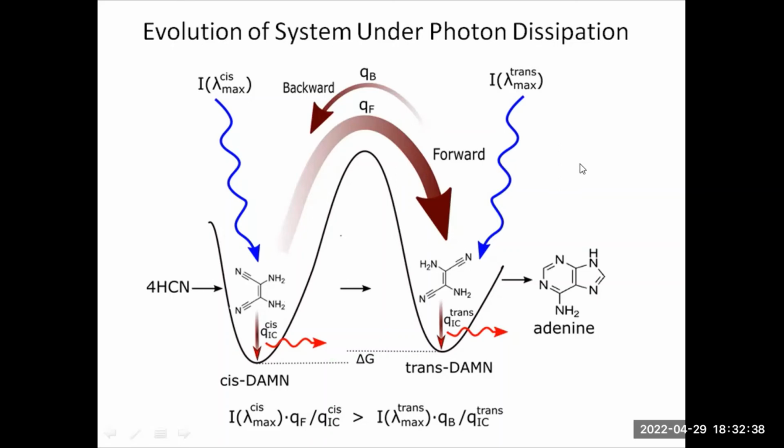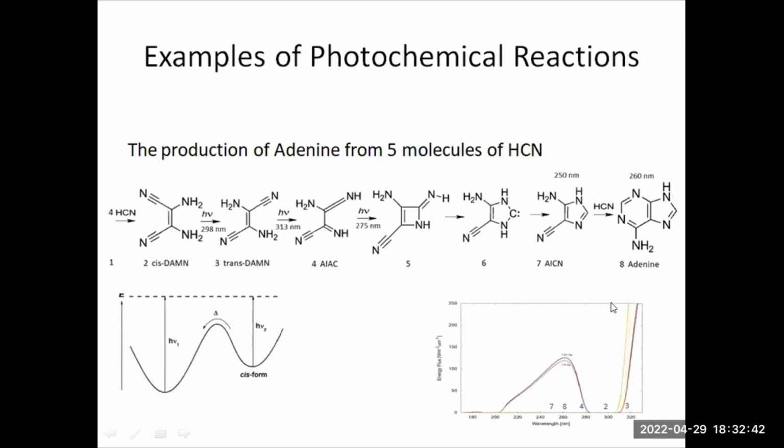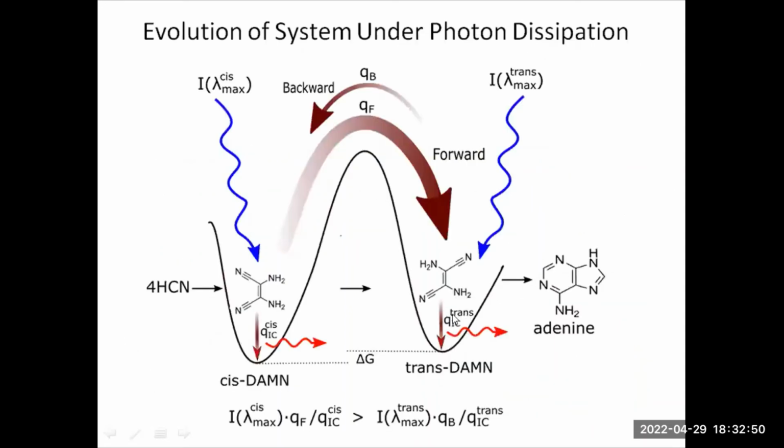The system will naturally go through an evolutionary process to form a molecule, which is adenine, which has such a large quantum efficiency for internal conversion to the ground state that it's the smallest possible of all the possible molecules with those atoms.